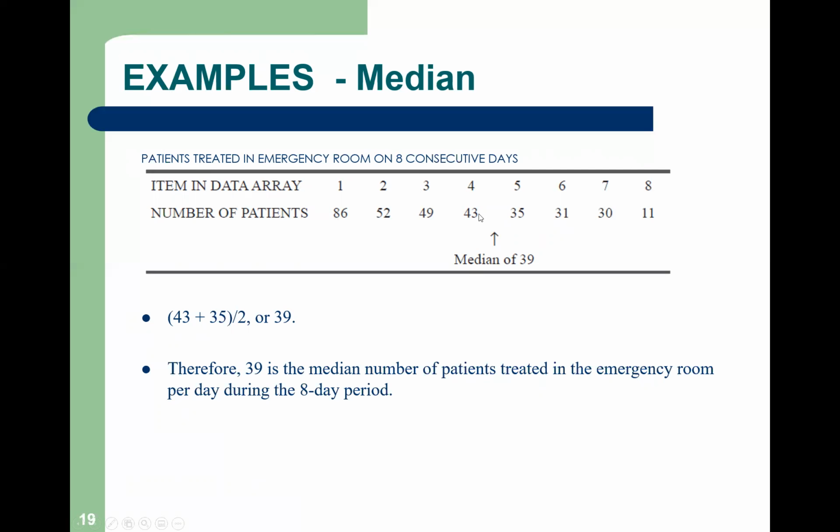So the value is 3.5. How will we find the 3.5th value? 43 plus 35. We will divide it by 2, and it would be 39.